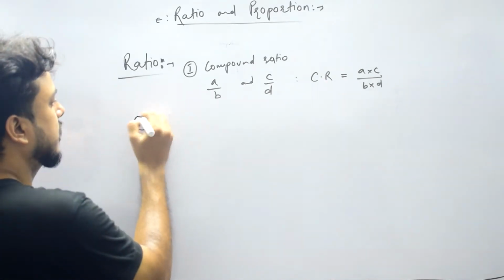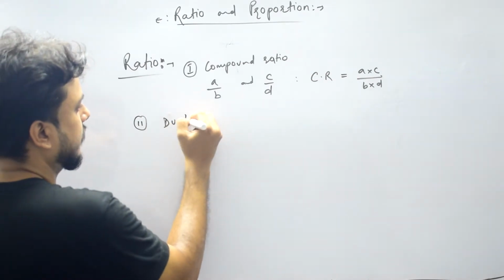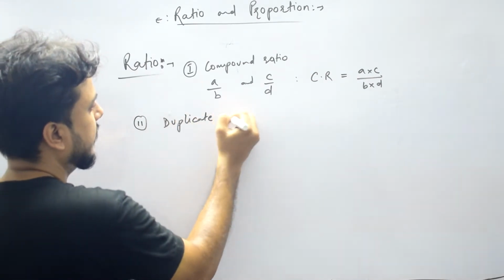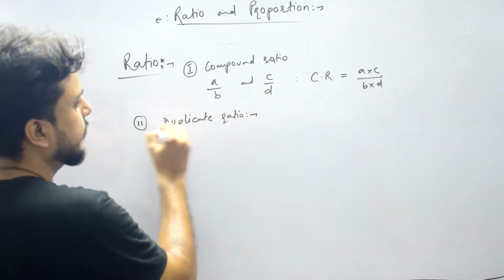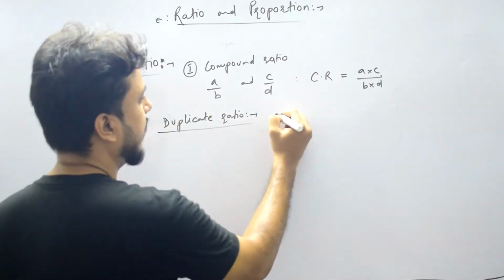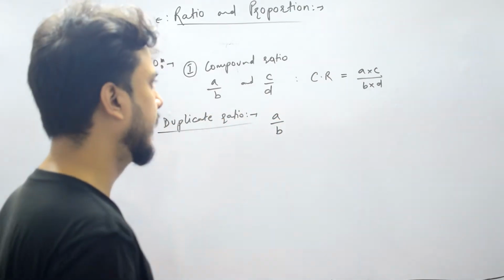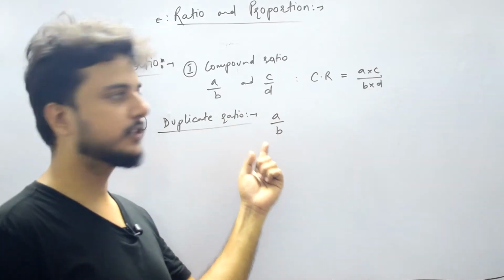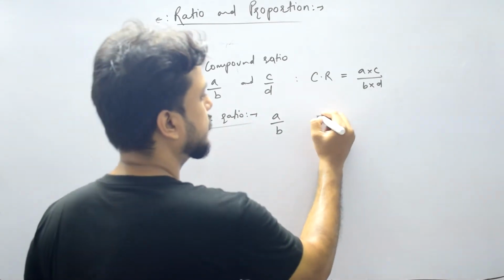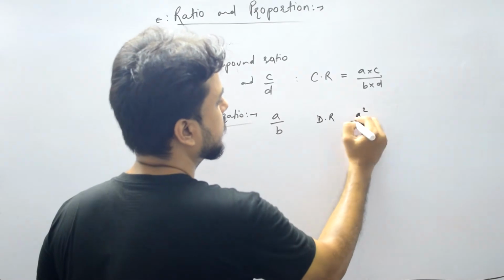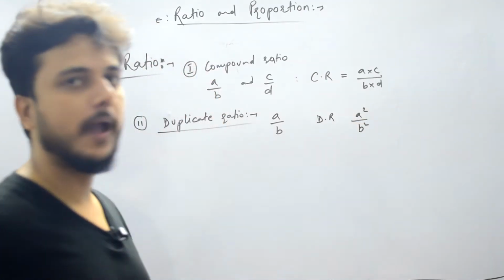Next comes duplicate ratio. So what is duplicate ratio? If the ratio is A by B, its duplicate ratio will be A square by B square. We have to simply square it.